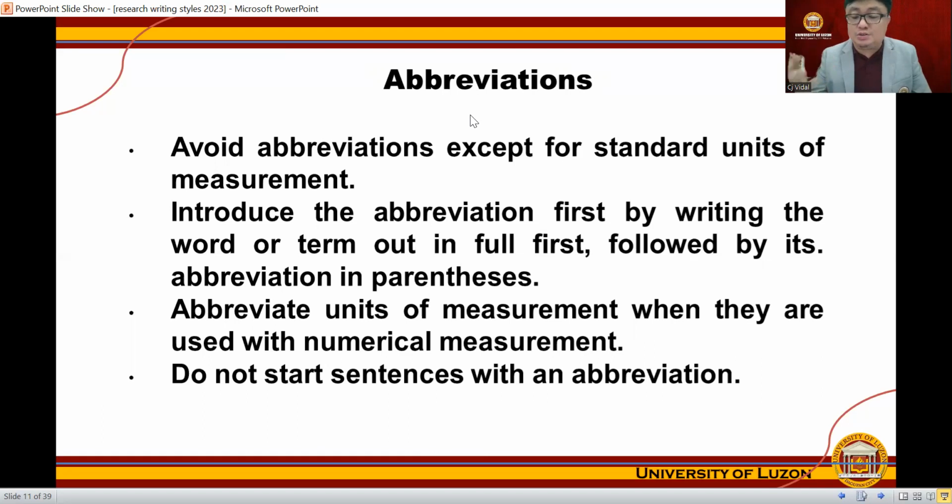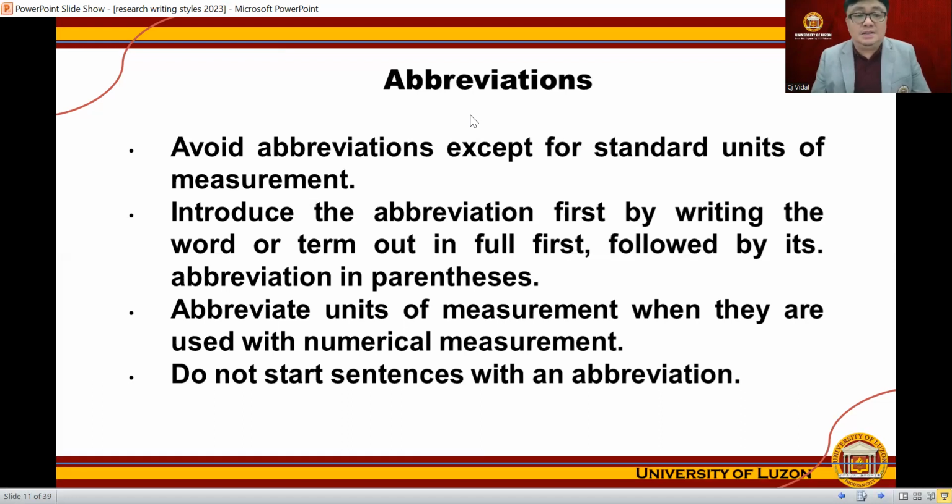If you do intend to use an abbreviation, you need to introduce it by writing the word or term out in full first, followed by its abbreviation in parentheses. Never omit introducing the abbreviation before the word or term in its full form.